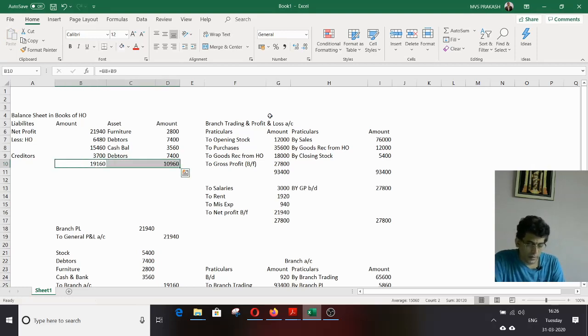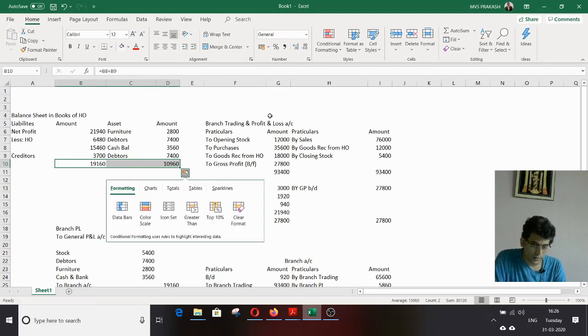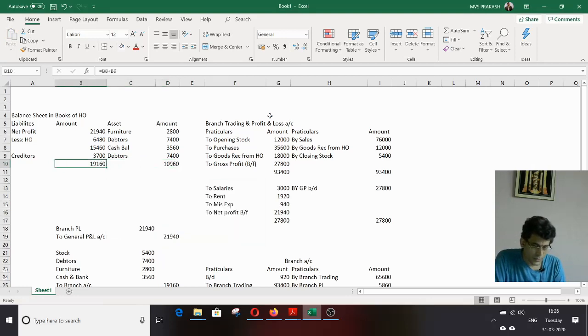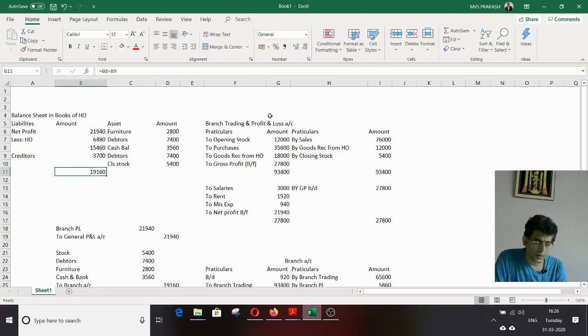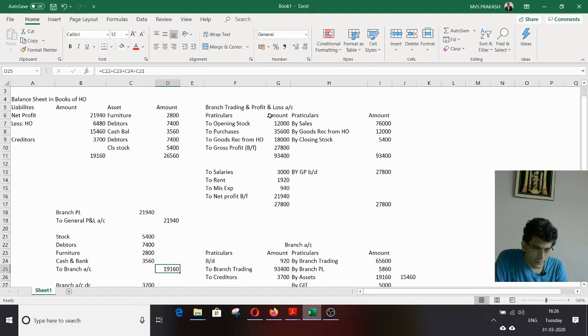Now this 5,460 plus my creditors gives me a balance sheet total. I need to consider even the closing stock that we have not considered. One second. So we also have a closing stock amounting to 5,400. Oh, the debtors balance we have taken 2 times.